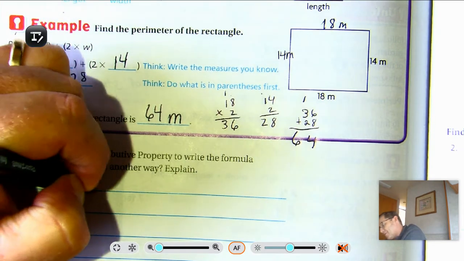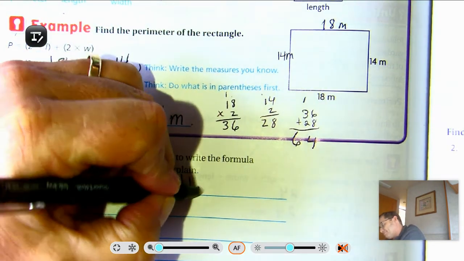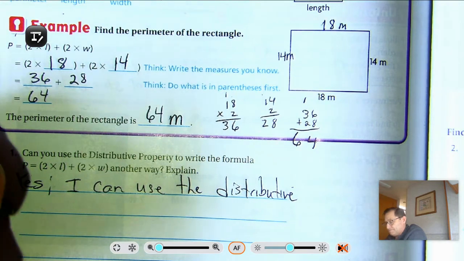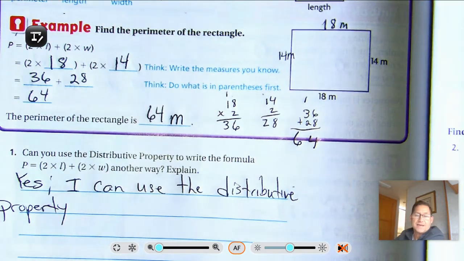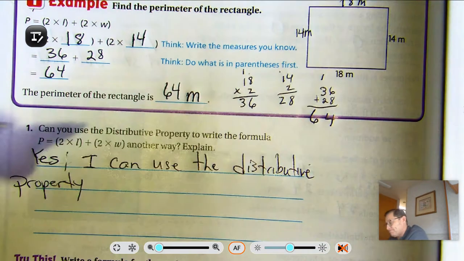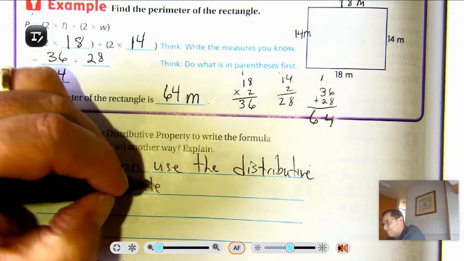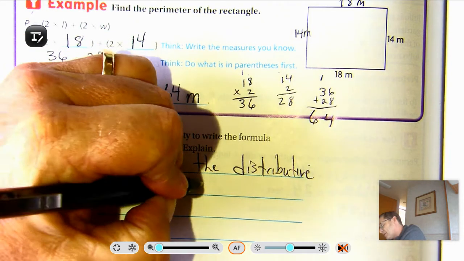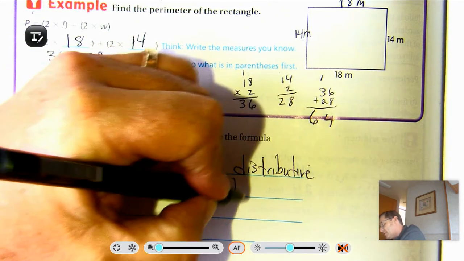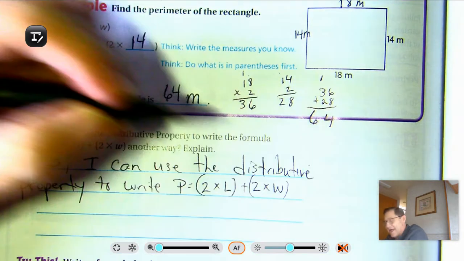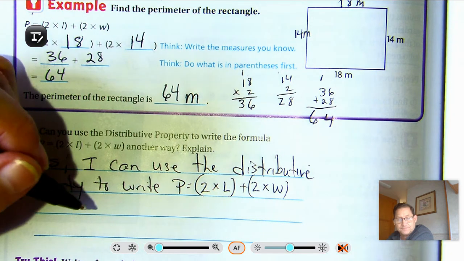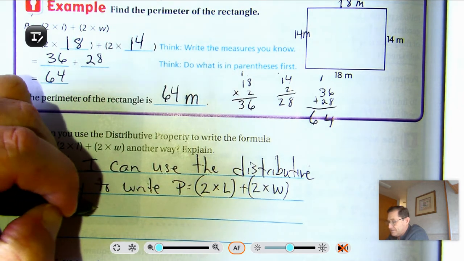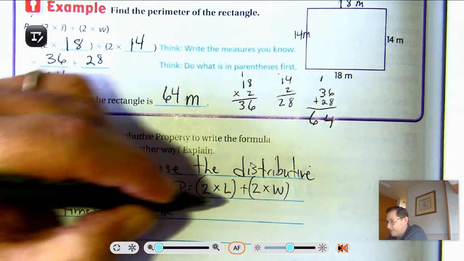So I can use the distributive property to write P equals 2 times L plus 2 times W as 2 times the sum of the length and the width.